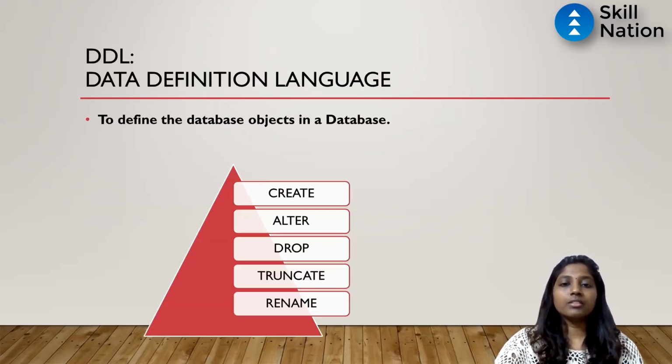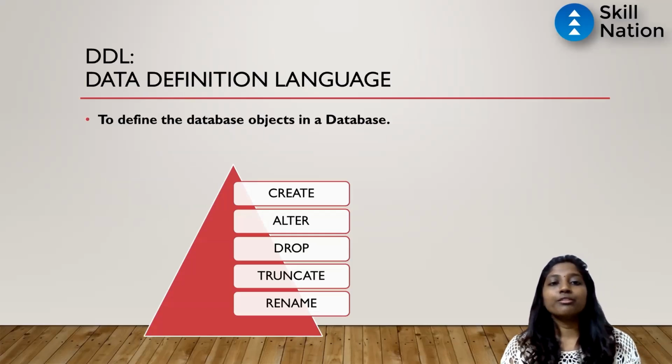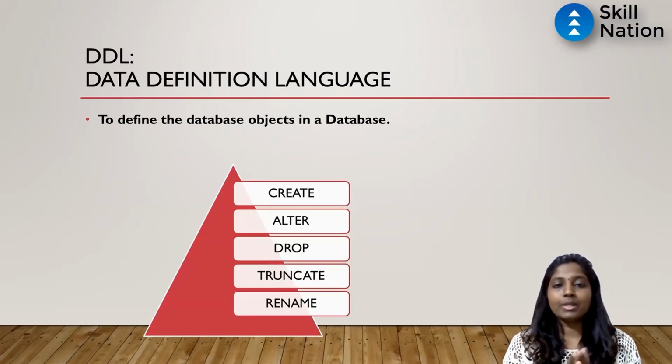Okay, so the first thing we are going to see is DDL, data definition language. It defines the database objects inside a database. So you have a database and you want to say: this is a table, this is a trigger, this is a view, like that.